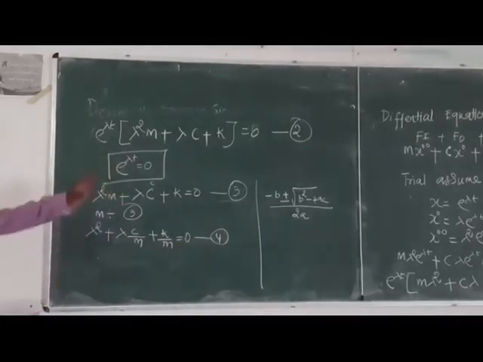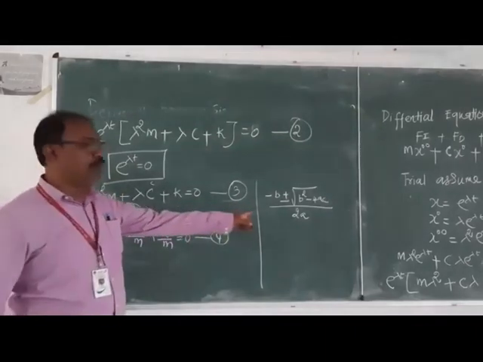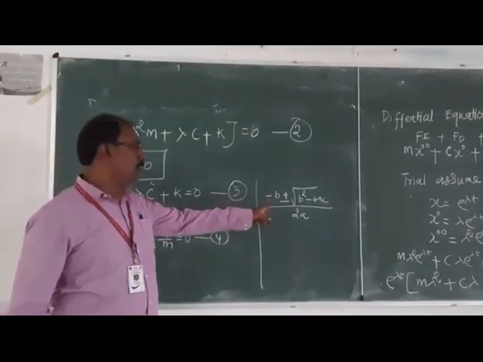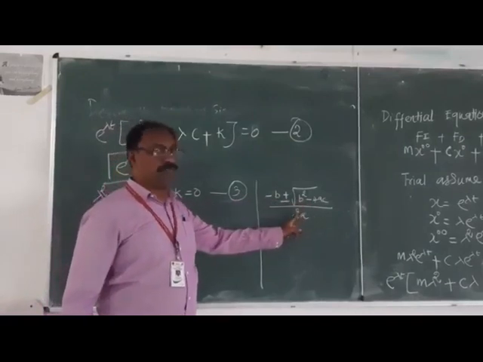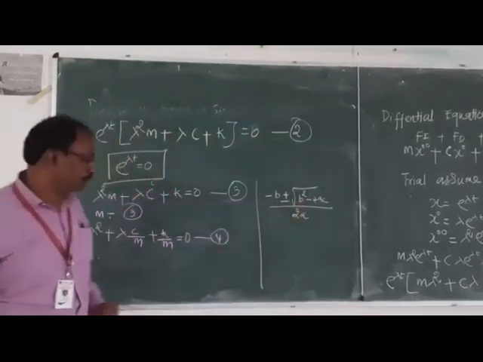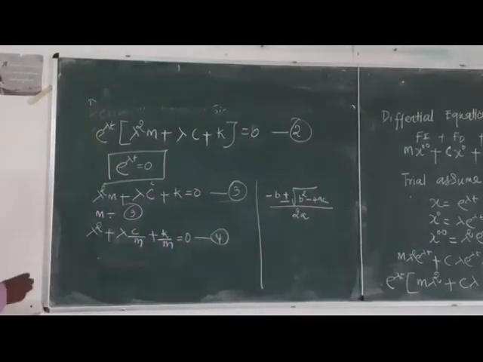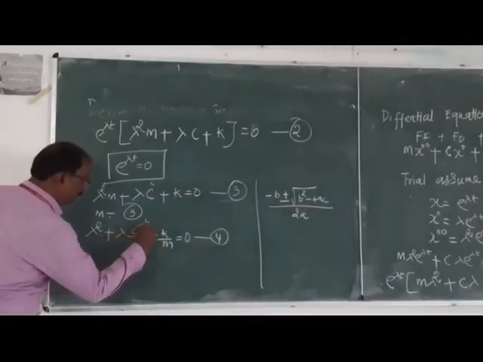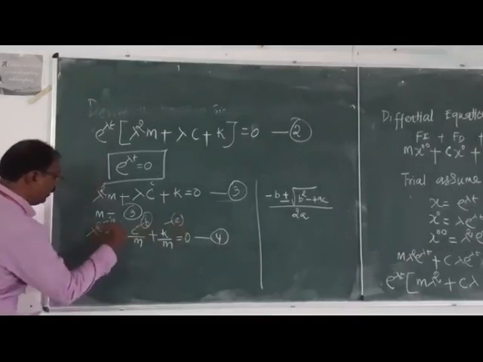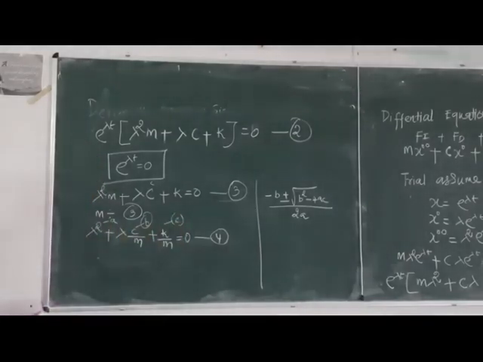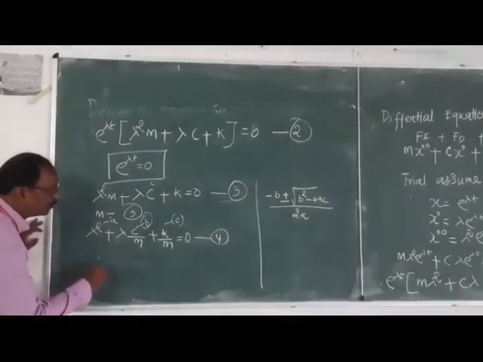Understand? In this quadratic equation, we apply the formula minus b plus or minus root of b square minus 4ac divided by 2a. Here this is b, this is c, this is a. I am applying that.